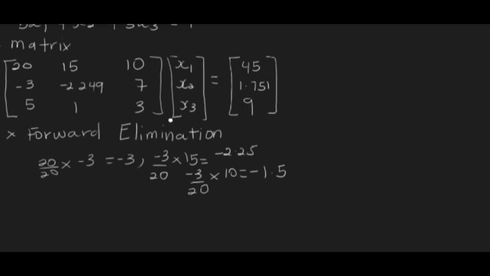So let's go and do our elimination. Our elimination simply means that you will subtract these values from the second row entries. So you write all the original second row entries, negative 3, then negative 2.25.